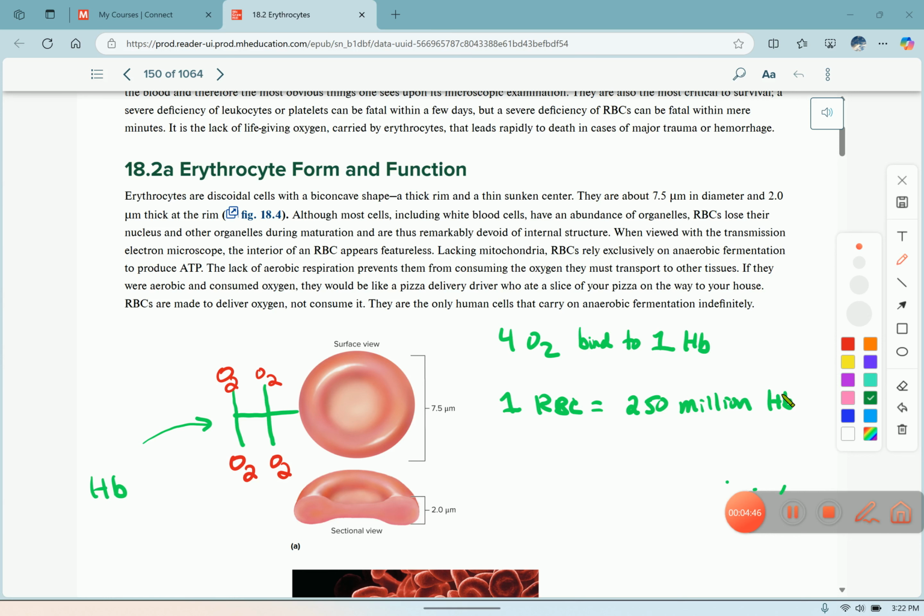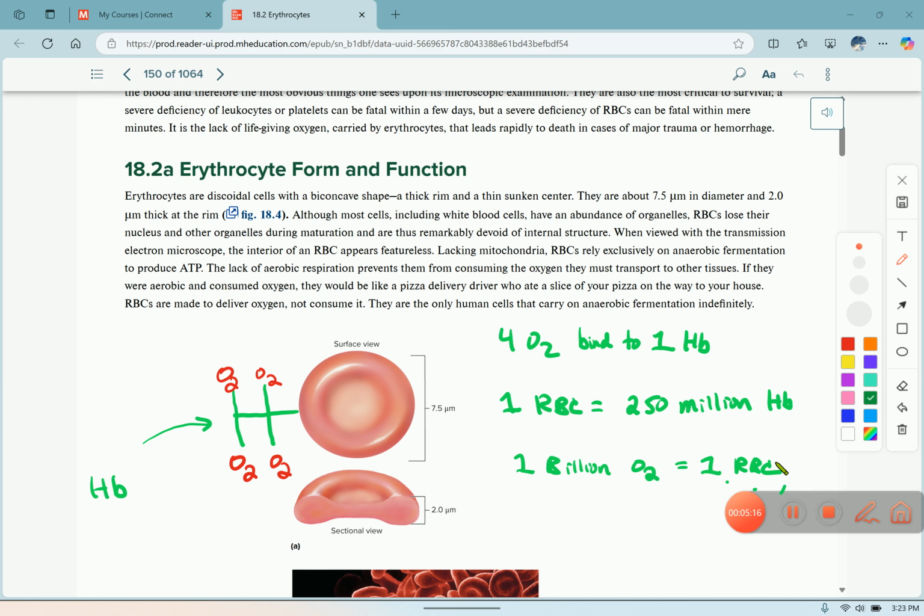So roughly around 250 million hemoglobin on one red blood cell. And if there are 4 binding sites on one hemoglobin for oxygen, then that would be 1 billion oxygen on 1 red blood cell.